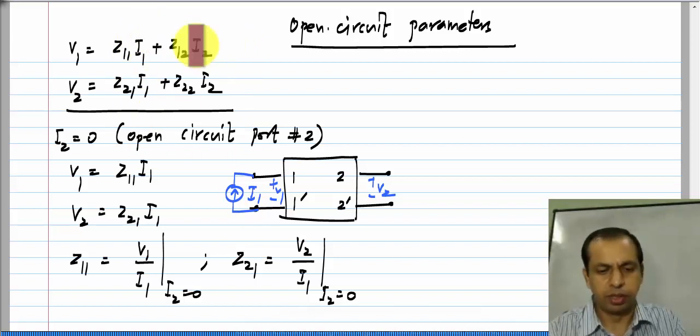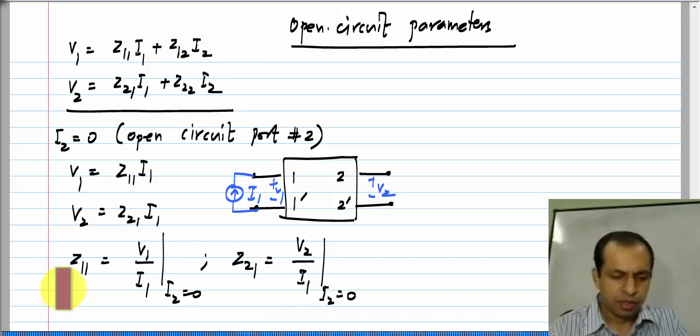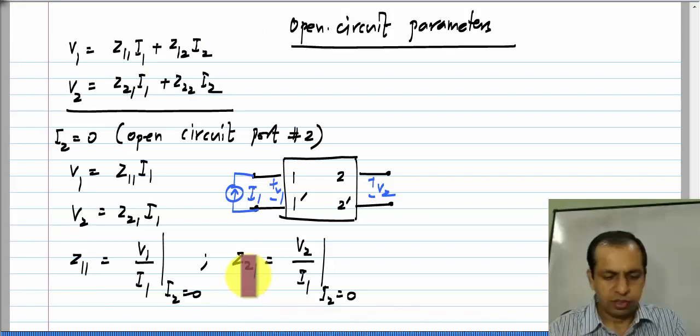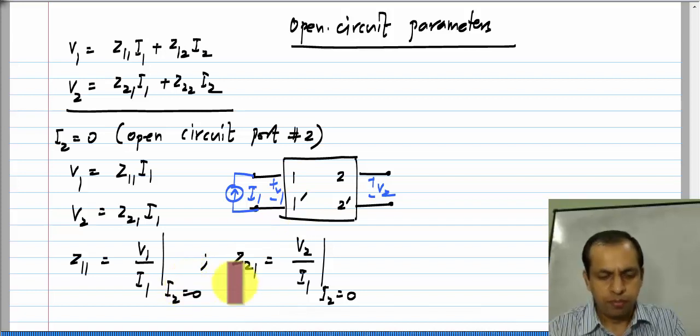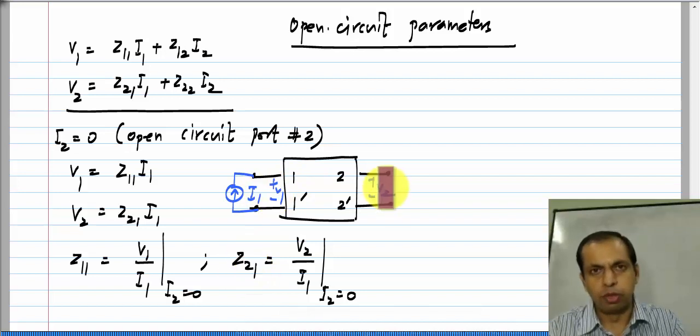Like I said, you could take different combinations of I 1 and I 2, but this is the most convenient. So, you have Z 11 and Z 21. Z 11 you can see is nothing but the resistance looking into port 1 with port 2 open circuited. And Z 21 is the trans resistance from port 1 to port 2 with port 2 open circuited.